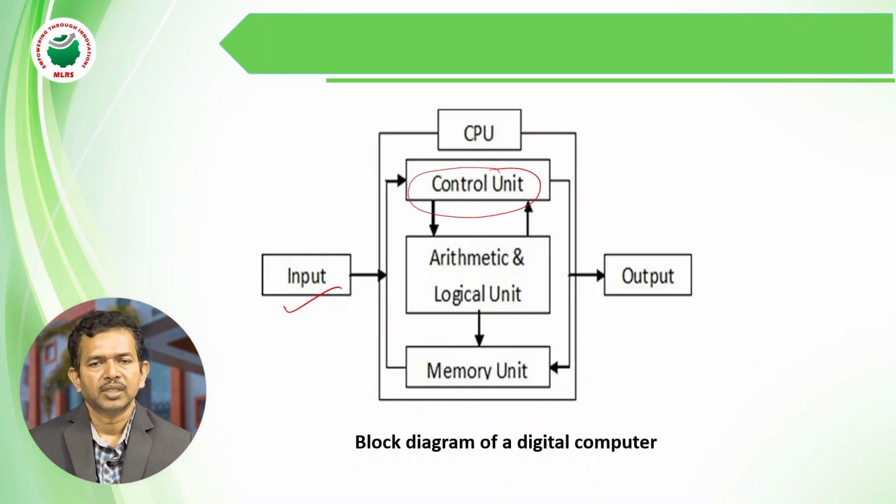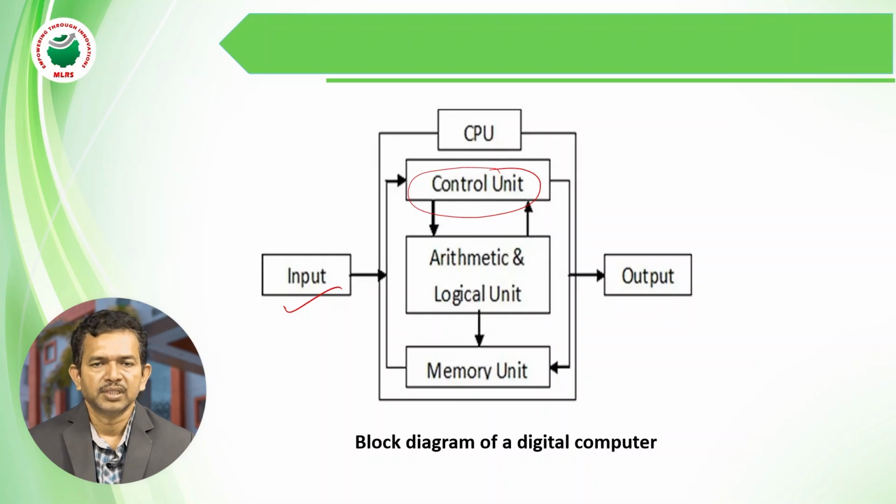So how will the CU categorize? CU will get the information from the ALU in the form of an electrical signal. If it gives some green signal from the ALU, it indicates that the processing of the instruction is completed.